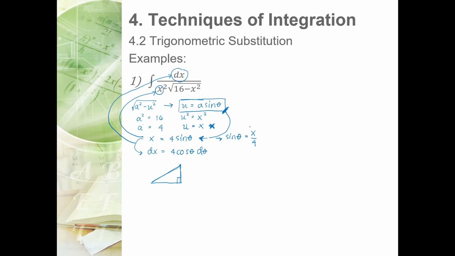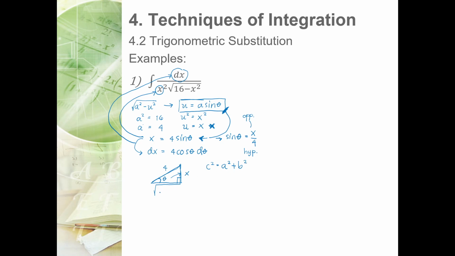As per the definition of the sine function, that's the opposite side of the angle all over the hypotenuse. Let's say this one is our angle theta. So the opposite side is your x, and your hypotenuse is your 4. Getting the third side by the Pythagorean theorem, c squared is equal to a squared plus b squared.